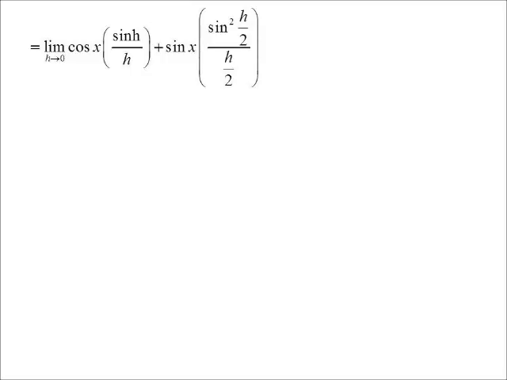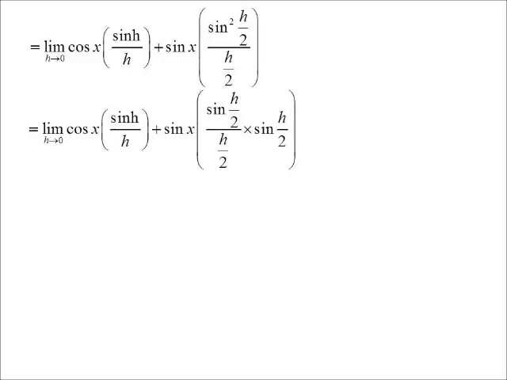The base is h on 2 if I put the 2 down there, but it's sine squared, it's not sine. Okay, so I can make a sine squared h on 2 to h on 2, but we didn't want sine squared on the top, we just wanted sine. So if I separate that out, I'm now okay. I can substitute into everything.